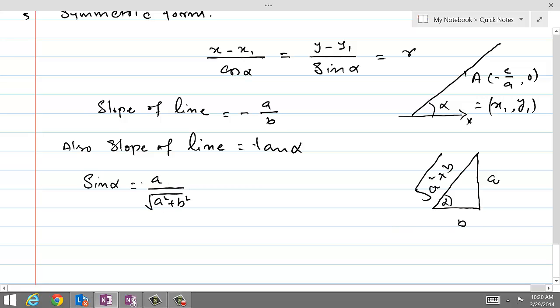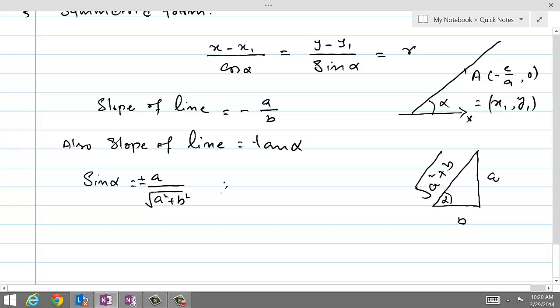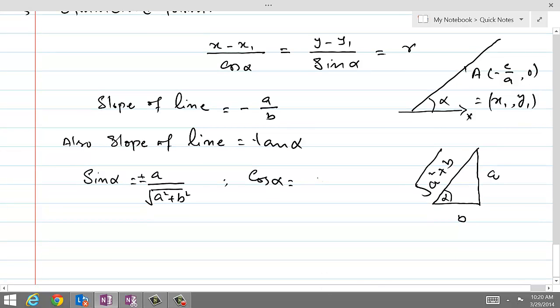But because we have no idea in which quadrant this alpha lies, therefore we are going to consider both plus and minus signs, and cos alpha will be equal to plus minus b over the square root of a square plus b square. And now we have values for sin alpha, cos alpha, and x1, y1.